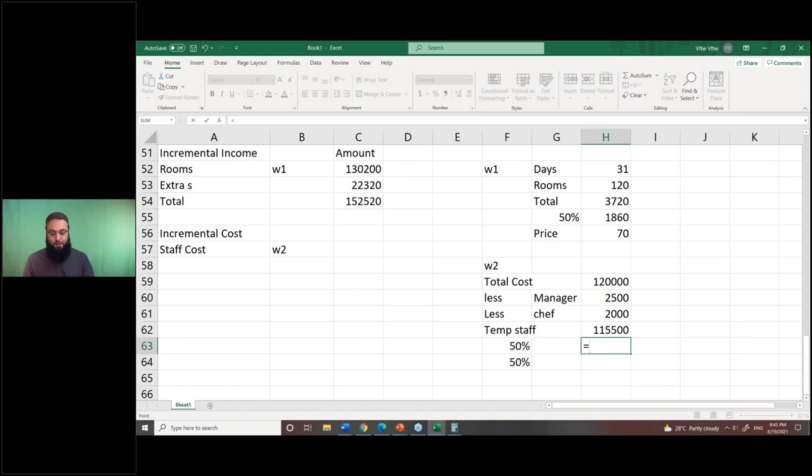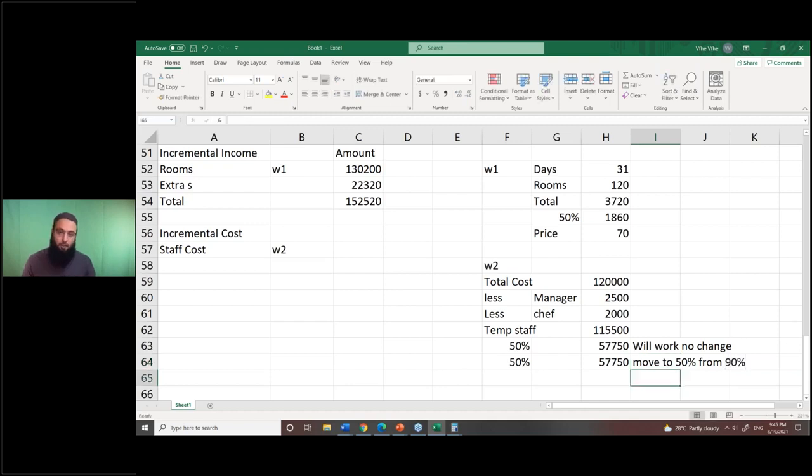So if I simply, first of all, divide this by 2, this is quite clear that this 50% will work, no change, in the same way, okay? But this 50% will now move to 50% from 90%.